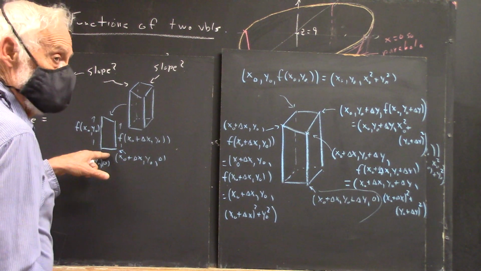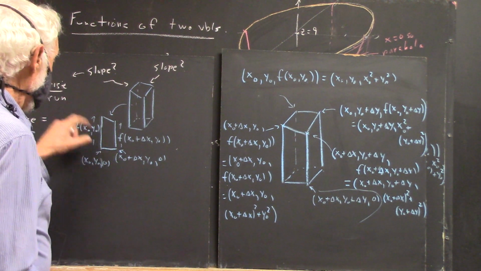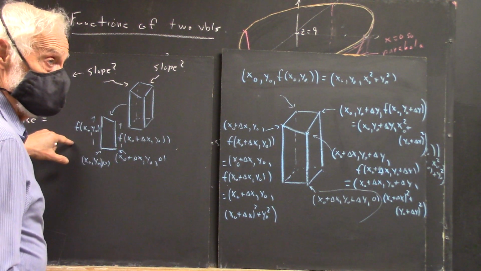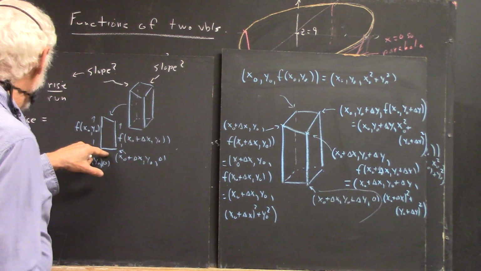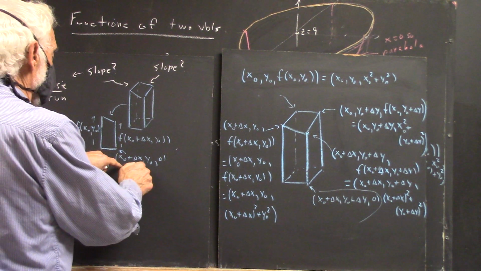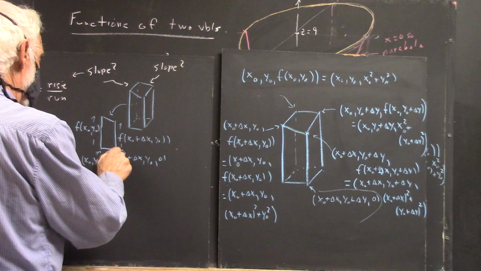And what's this? So, you know, the rise is going to be this minus this, right? What's the run? Well, from x naught, y naught, 0 to x naught plus delta x, y naught, 0 is delta x.